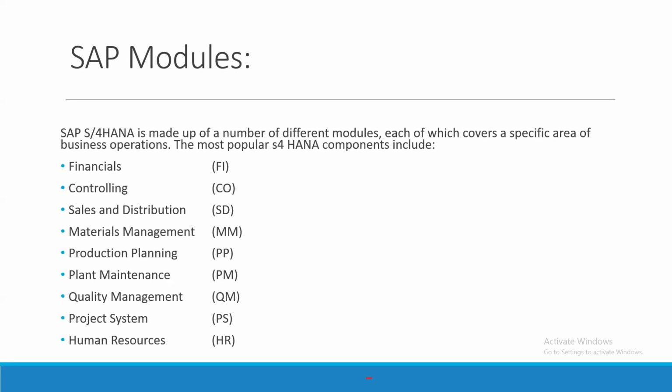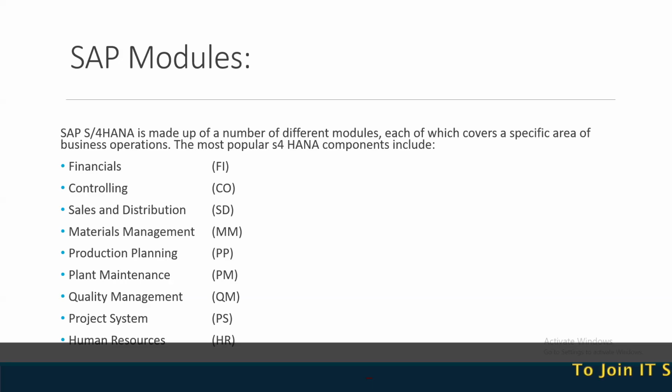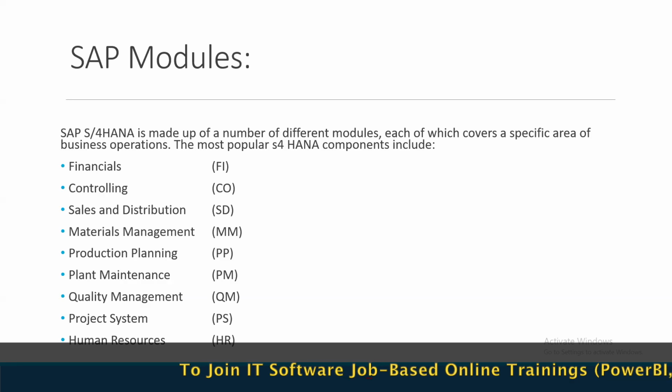Such quality checks can be handled with the QM, Quality Management module in SAP. Project system allows us to bring all the modules together, connect them with each other and monitor them. And HR, Human Resource, allows us to use SAP in the Human Resource area.